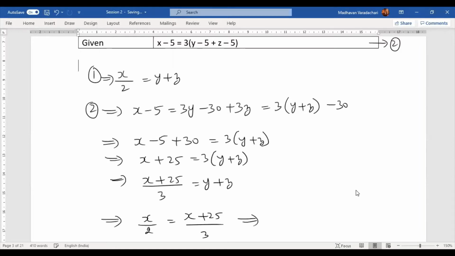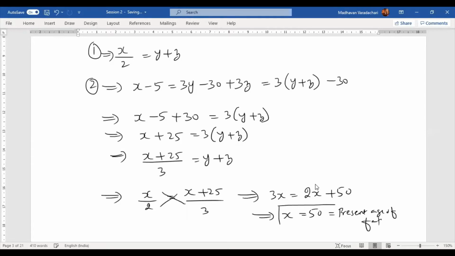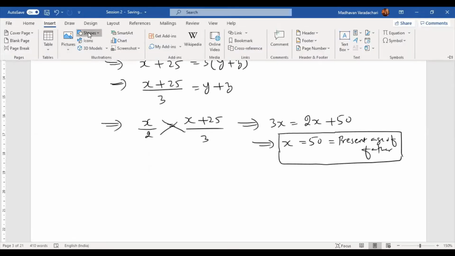Now we can cross multiply: 3x equals 2x plus 50, so x is equal to 50. That is the present age of the father, and that is the solution for this particular problem.